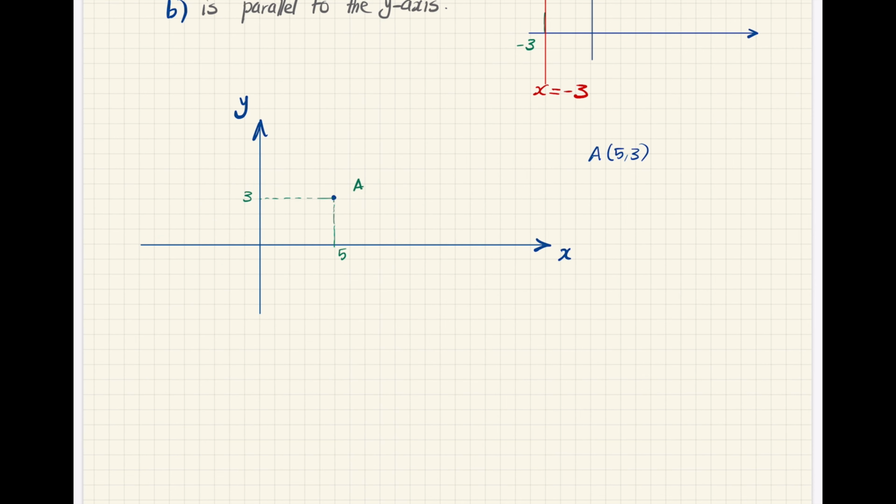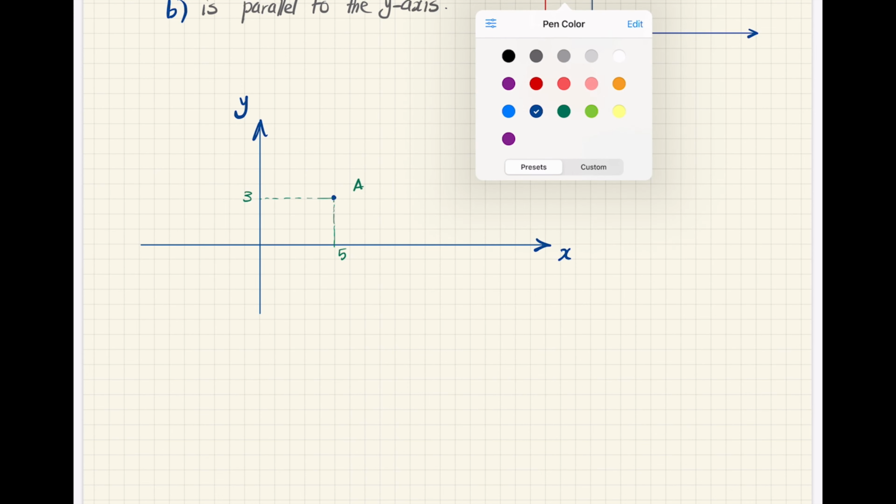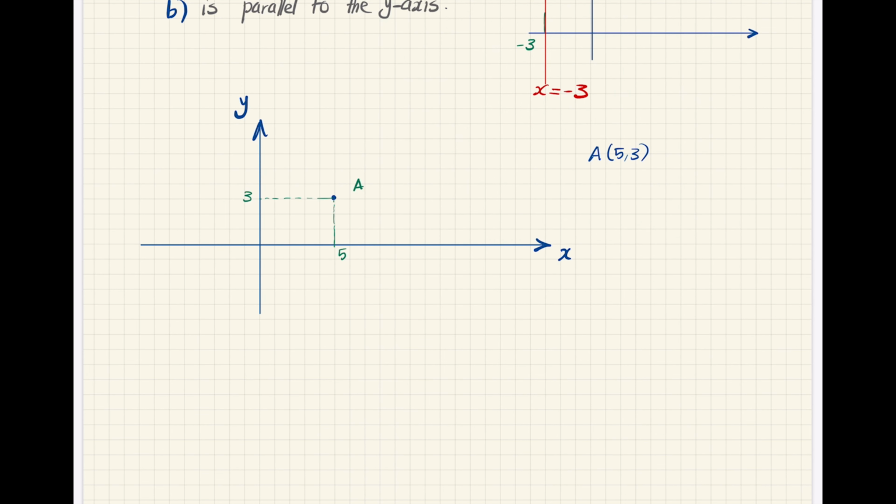I cannot draw exactly 45 here, but let me try to do my best. For example, I would be interested in this line. Hopefully you agree with me, this is a good approximation of that line. Let me make it a little bit better. This feature sometimes works, sometimes doesn't, but let me do it once more.